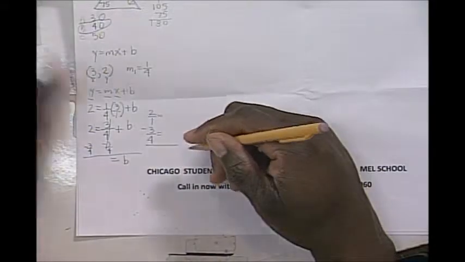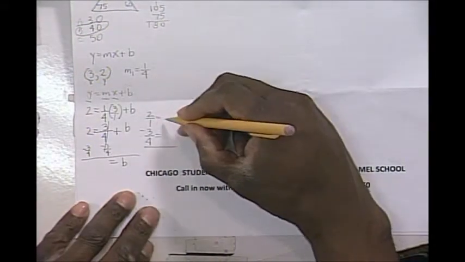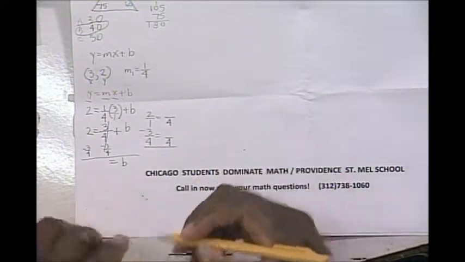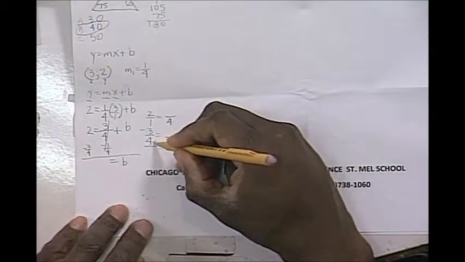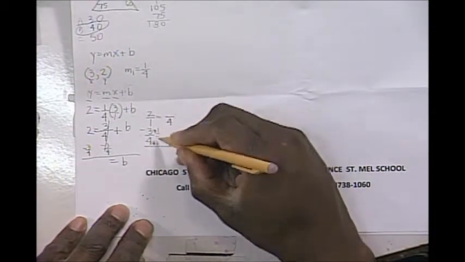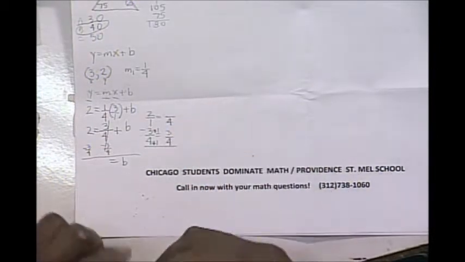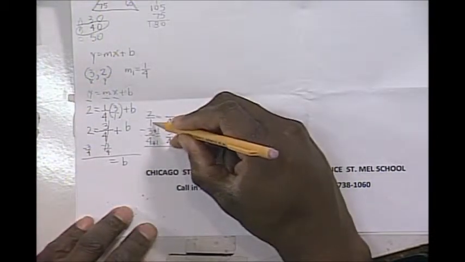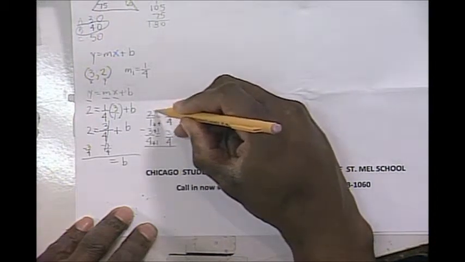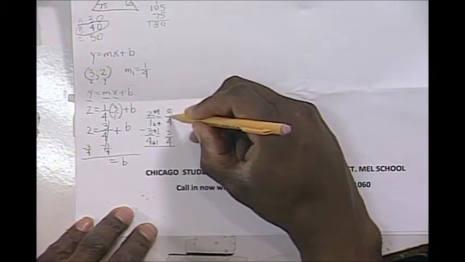All right, so you need a common denominator, which is 4, and when you watch the videos, you'll see how I got 4. So 4 times 1 is 4. You multiply this 3 times 1, the same number, you get 3. You multiply this 1 by 4 to get that, and you multiply this 2 by the same thing. You get 8.